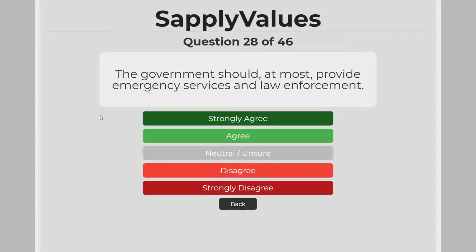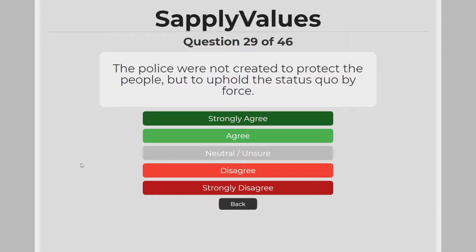The government should at most provide emergency services and law enforcement. Strongly disagree. I think they should provide a lot more than that. The police were not created to protect the people, but to uphold the status quo by force. I don't think the police were originally created to just uphold a status quo.